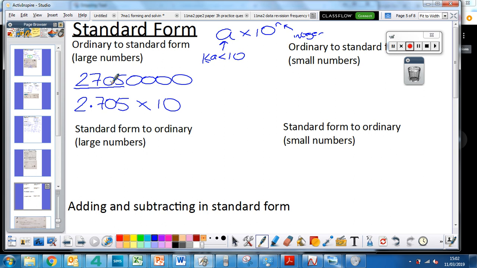Now, you can simply count the number of places that the digits would need to move to make this true. From here, 1, 2, 3, 4, 5, 6, 7. The decimal point would need to look, because it doesn't move, but it would look like it had moved 7 places as the digits moved 7 places. Done.